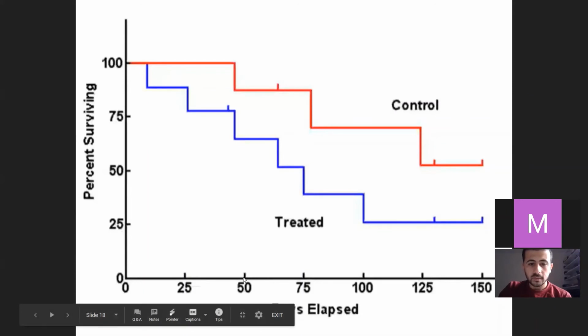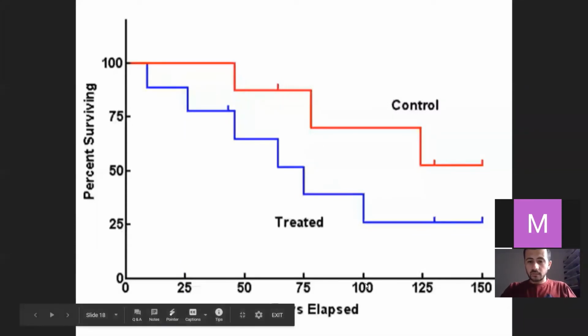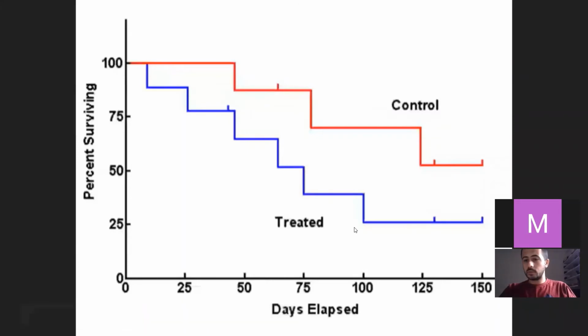If we take the 50 days, here we have 80% and 60%. So this chart just represents continuous 2x2 tables on different days. So it's not that hard as it appears, but remember that for each time point, I can create a 2x2 table.